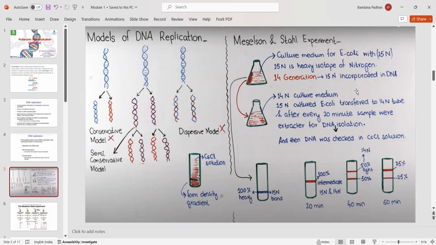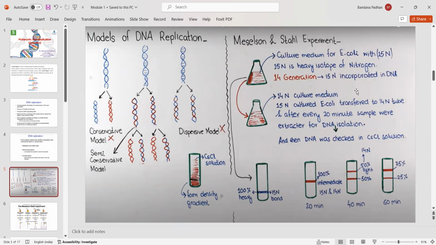So when E. coli was grown in a medium containing the heavy isotope, all the nitrogenous bases of the E. coli DNA were incorporated with the heavy isotope.